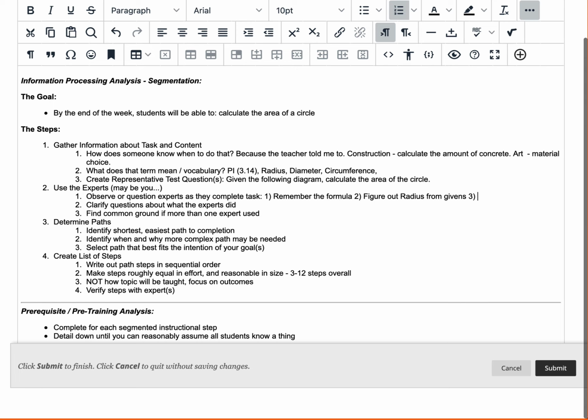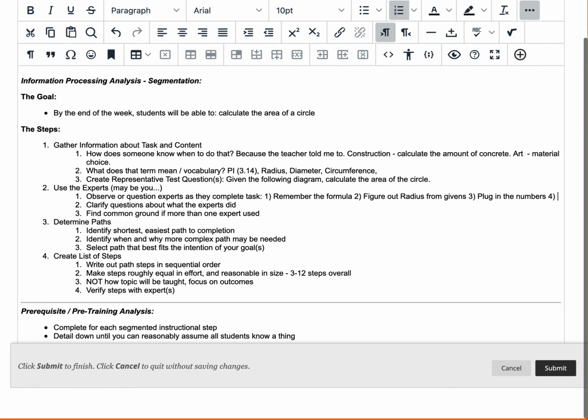Use it in an example of some kind. Yeah, or plug the numbers into the formula based on the example that we're given. So we've remembered the formula, and now we know the things that we need to plug into that formula, the r and the pi, and now we plug the numbers into that.